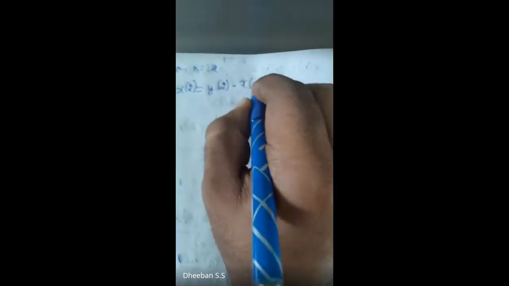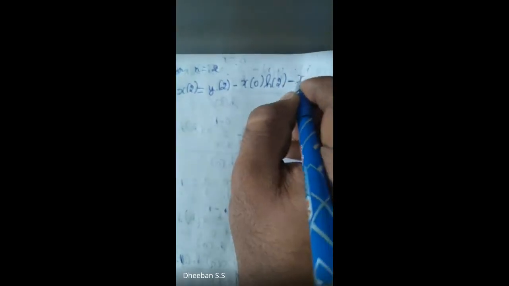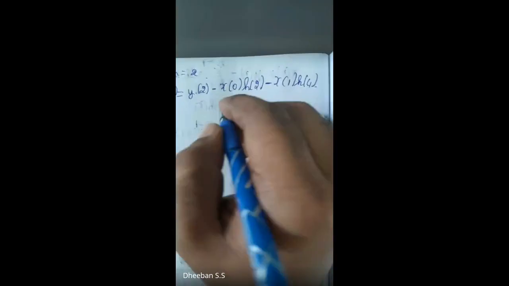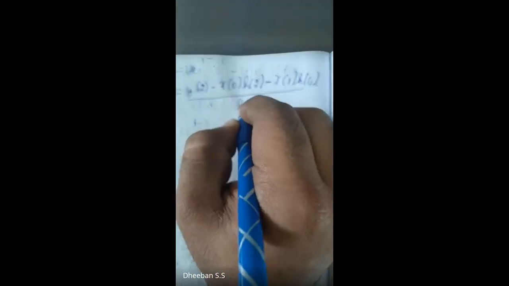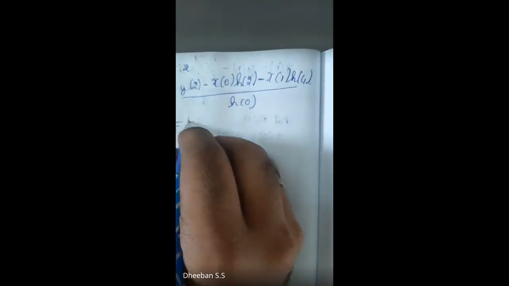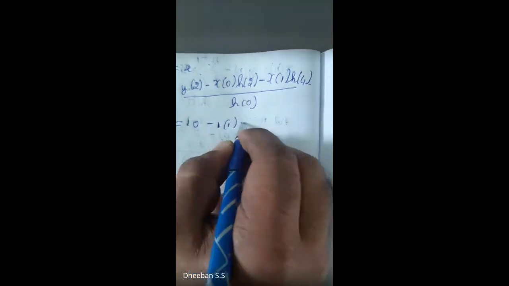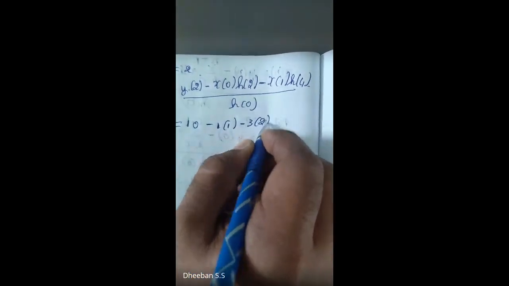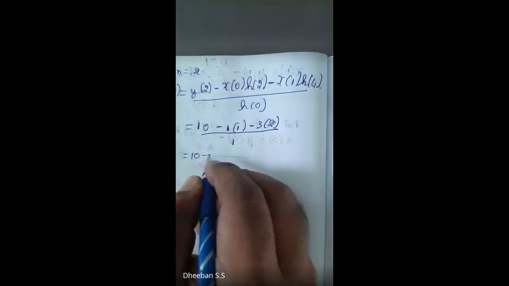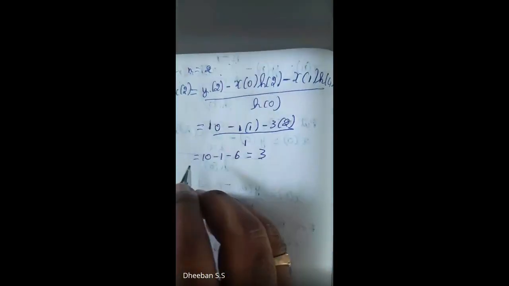We'll be getting like this: x naught into h of 2 minus x of 1 into h of 4, divided by h naught. So h naught is 1. Substitute the values from the given. So we'll be getting 10 minus 1 into 1 minus 3 into 2 by 1. So we'll be getting 10 minus 1 minus 6. So it will be 3. Yeah, this for n equal to 2.